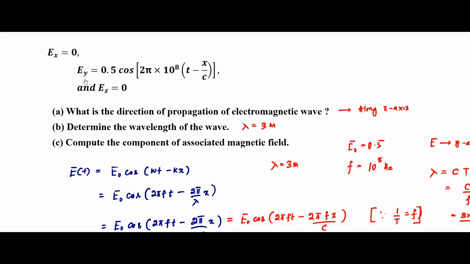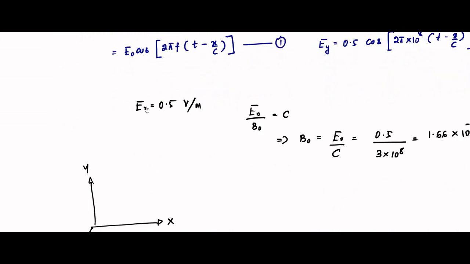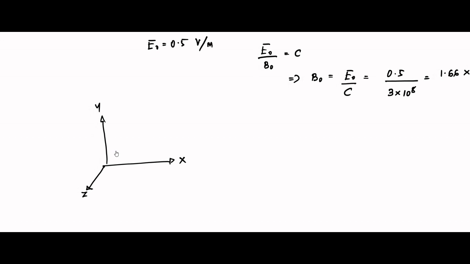Ey means the amplitude variations are along the y-axis, like this. Then the electromagnetic wave is moving along the positive x-axis.